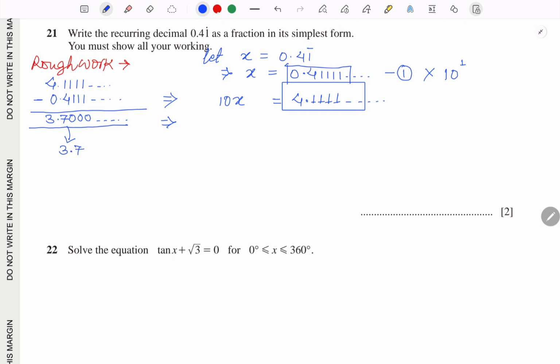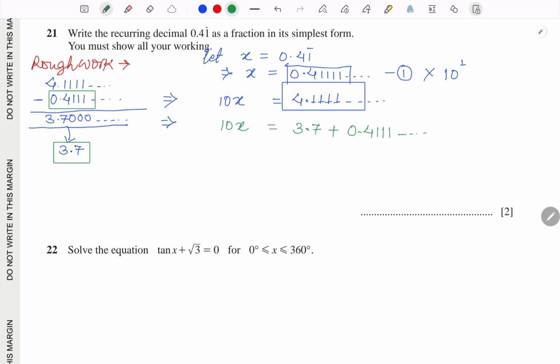Now we will write 10x here, and take this 3.7 and this 0.4111 and add them up. Write 3.7 plus 0.4111 dot dot dot.